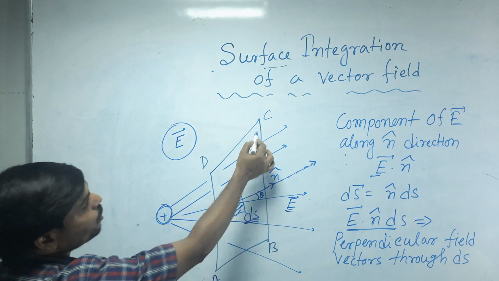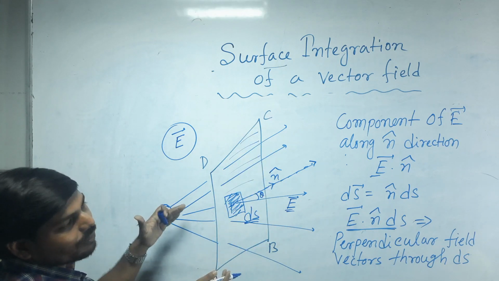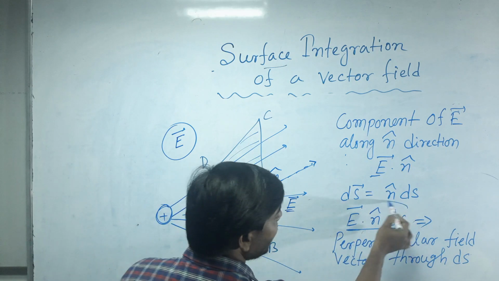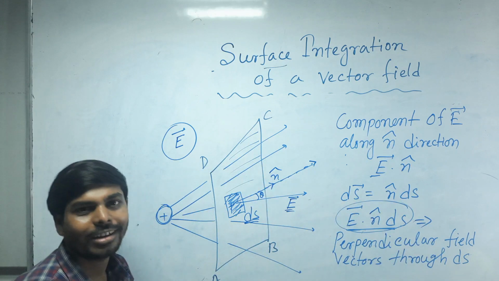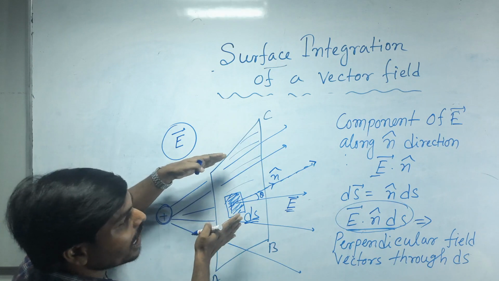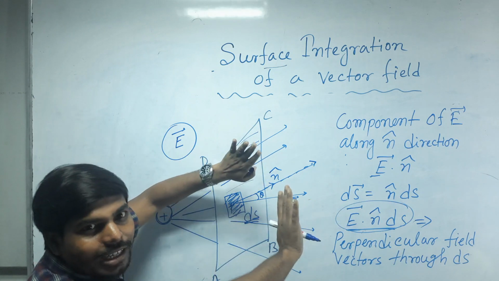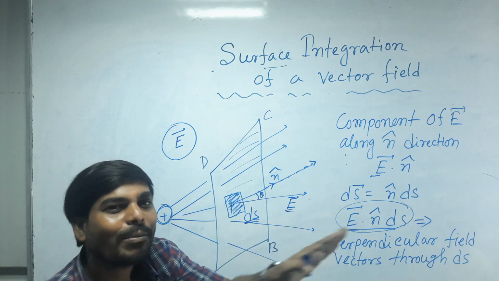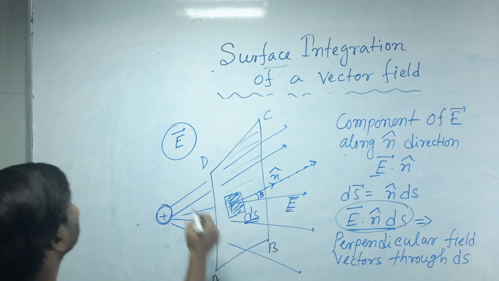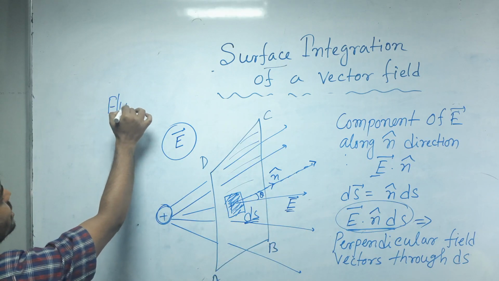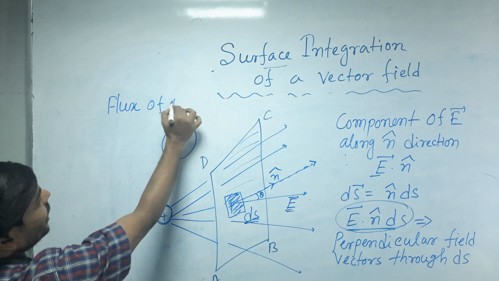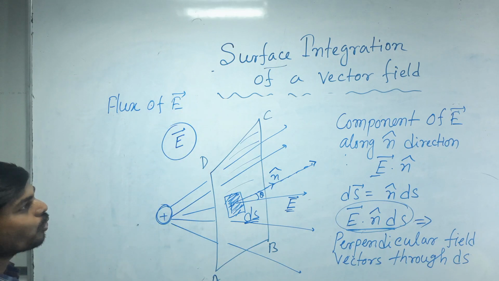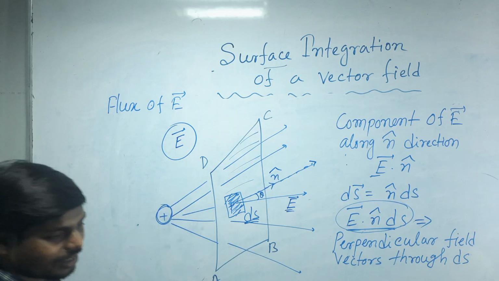Now what is the total flux through this surface? If we integrate this one, it gives me the total field vectors which pass normally through this surface, and this is nothing but the flux. So we can write the flux of the E vector through the whole surface ABCD.